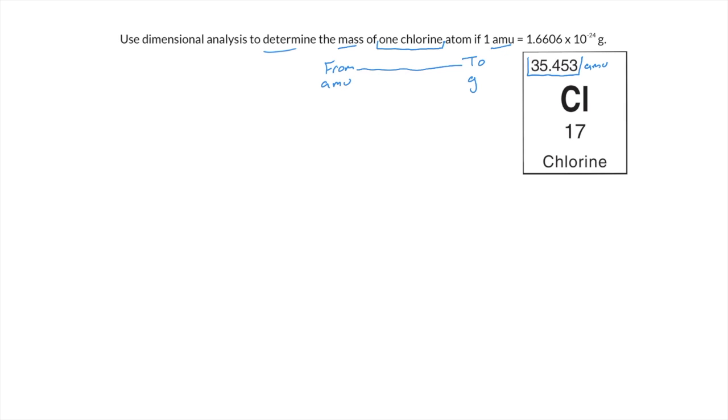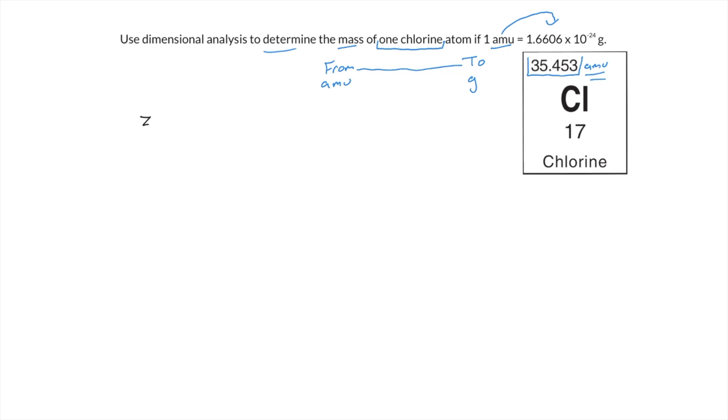So we're going from AMUs to grams. Do we have that conversion factor? We do. It's given to us in the problem. So, we know that 1 AMU is this, and that's our conversion factor. Therefore, we're going to take the 35.453 AMUs for chlorine and use that for our conversion.